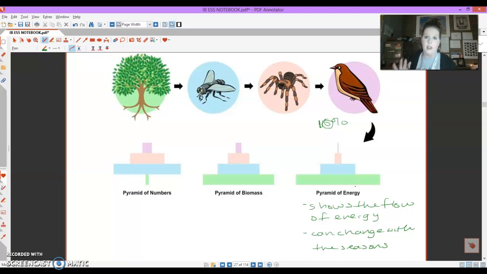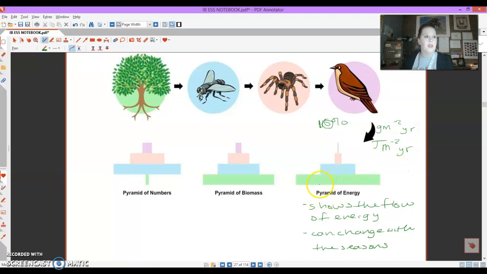It's nothing like the population math, okay? So, first of all, we know that energy is going to be measured in joules per meter squared per year, okay? You can also see it sometimes they'll use grams per meter squared per year as well, okay? Usually it's going to be in joules.